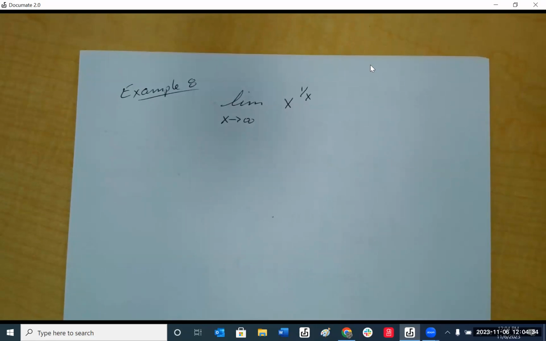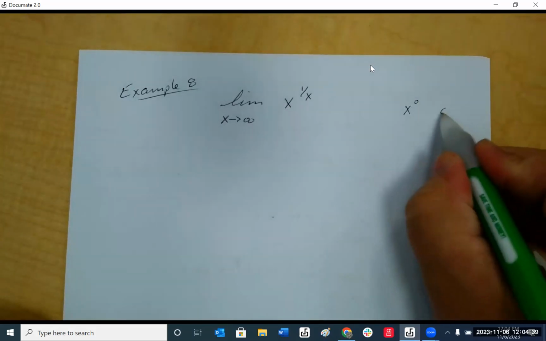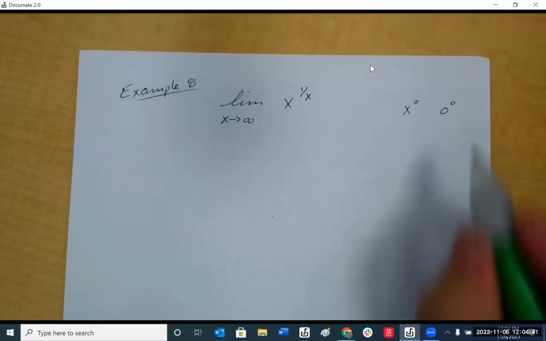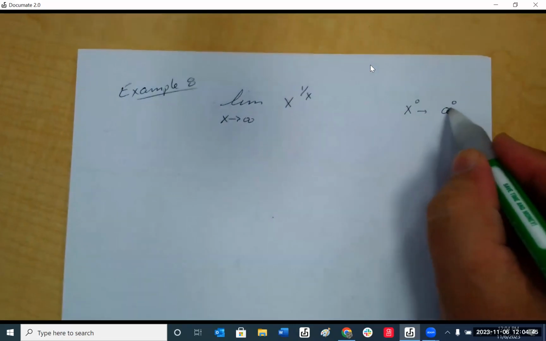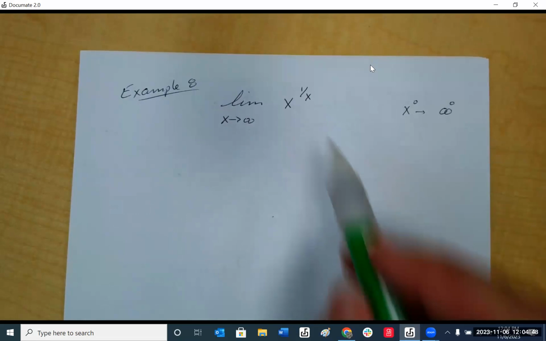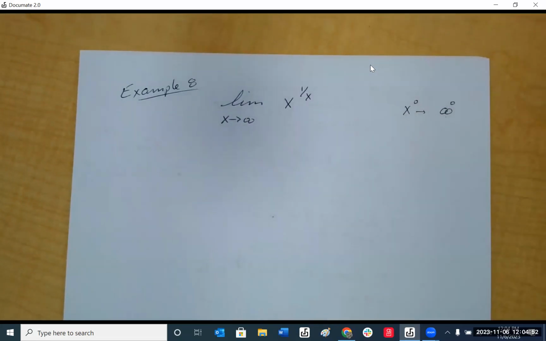Remember, the indeterminate powers, this is infinity to the power 0 or 0 to the power 0. As x goes to infinity, 1 over x goes to 0, so it's infinity to the power 0.